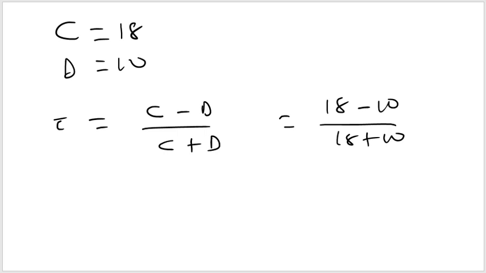That gives us 8 over 28, which is equal to 0.29. So that is the answer. That's our Kendall's correlation coefficient, 0.29, which is a positive weak correlation.